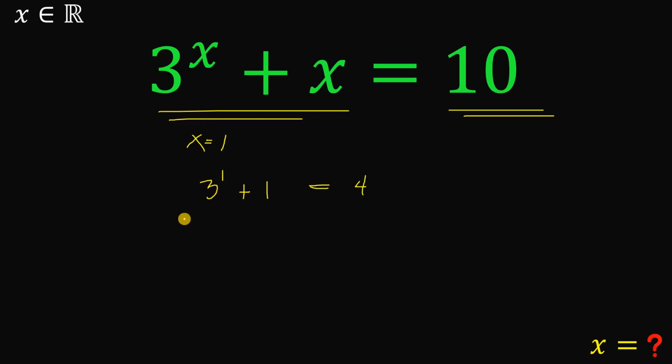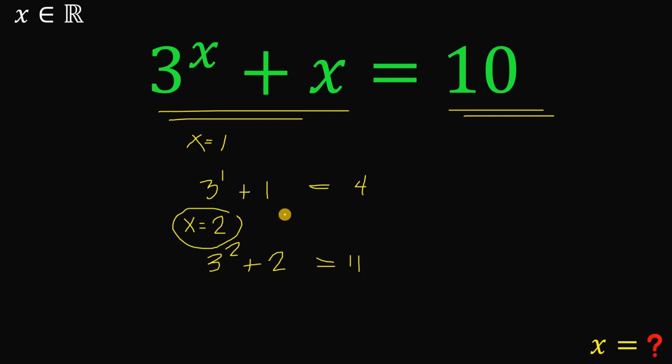And if x equals 2, 3 raised to the power of 2 plus 2, this is just 9 plus 2, or simply equal to 11. So this 11 is greater than 10. So our intuition is that the answer to this question is somewhere between 1 and 2, but close to 2.